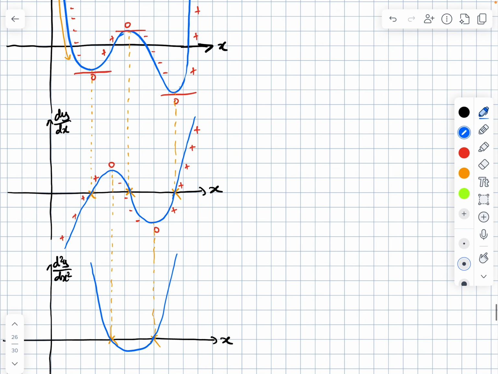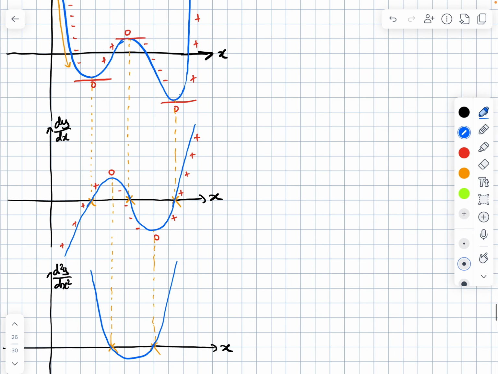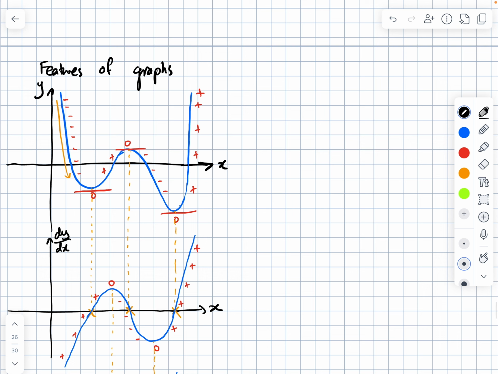Now that we have these, we can identify some important points and meanings of certain values. So we'll start at the basic graph. You should already know that when y equals 0, that gives the x-intercept. And when x equals 0, that gives the y-intercept.